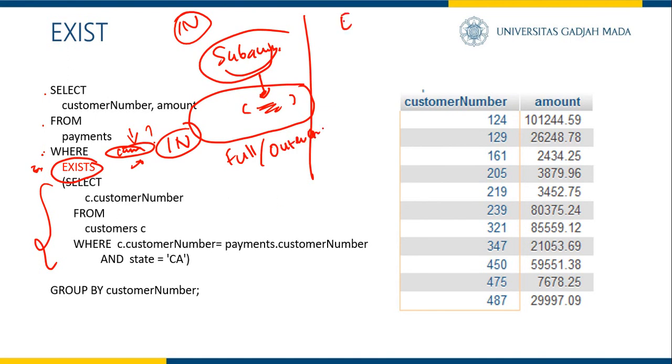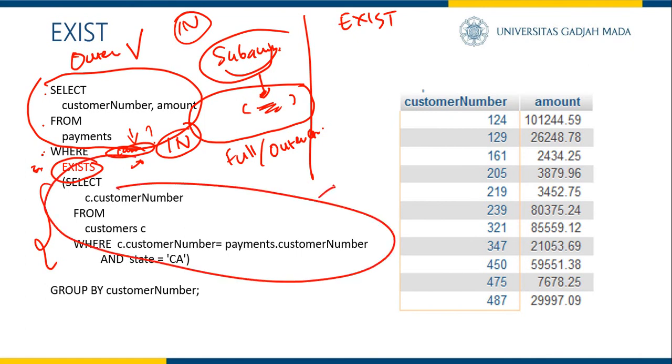But in EXISTS, it works otherwise. It will run the whole outer query first, and then check the subquery later.